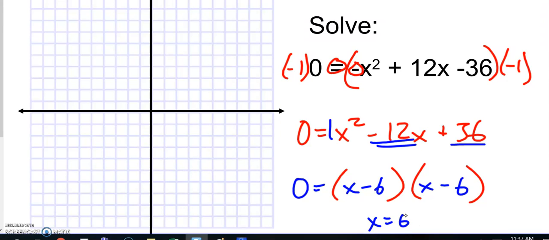That tells me that my vertex is at 6, 0. So 1, 2, 3, 4, 5, 6. I won't graph the whole thing, but initially we had a negative x squared value, so it's going to go down like that, and your vertex is right on the x-axis. So the only place it crosses is x equals 6.